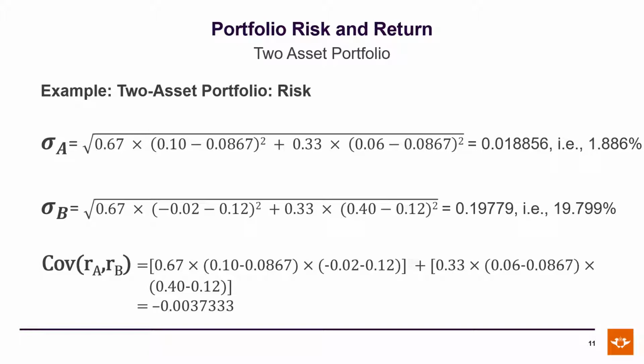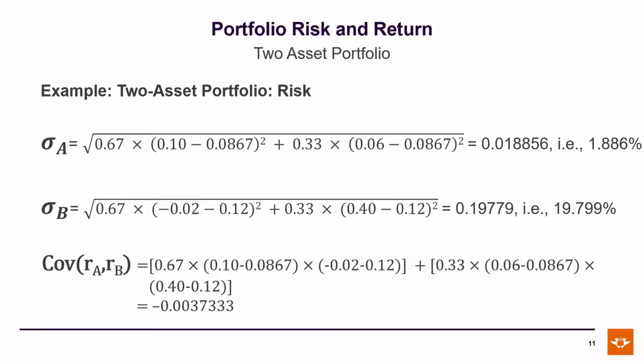And what we end up with is that the risk for stock A is 1.886%, its standard deviation, and for stock B it's 19.799%. You'll notice how much bigger the standard deviation for stock B is than for stock A, and you can see that in the variation of the returns.